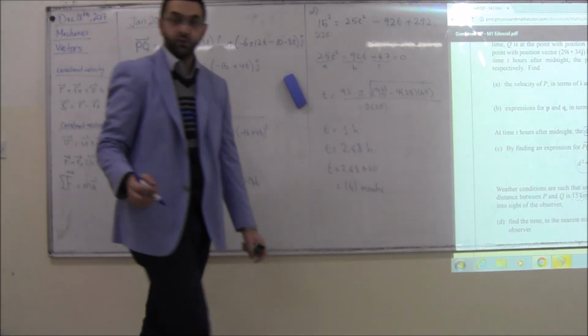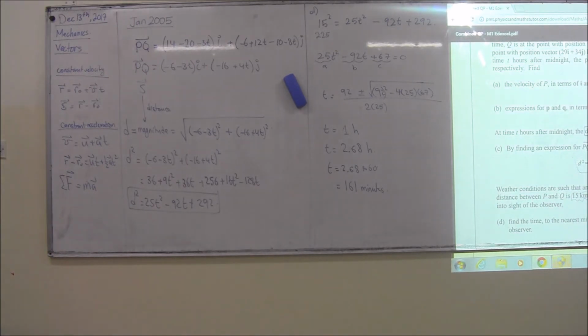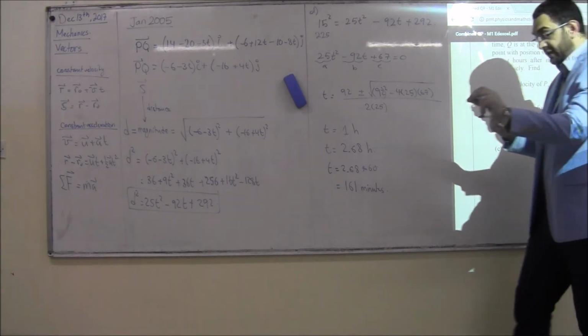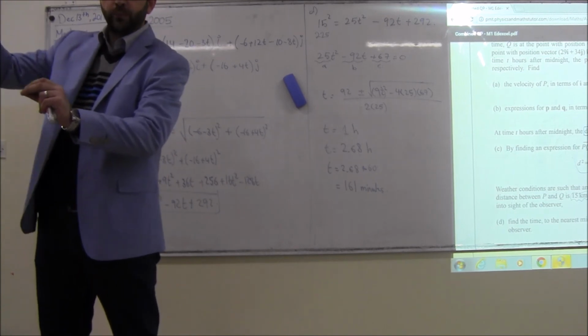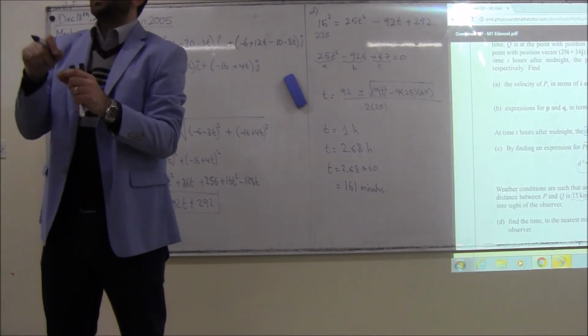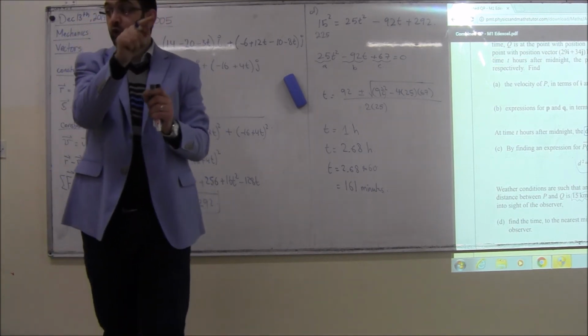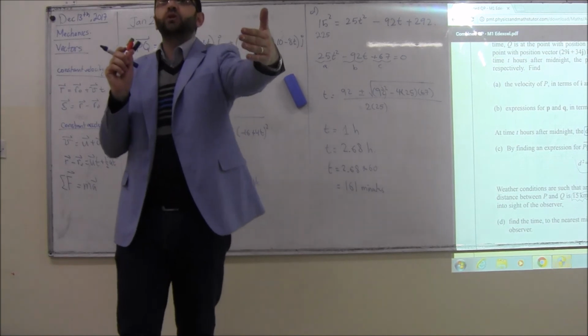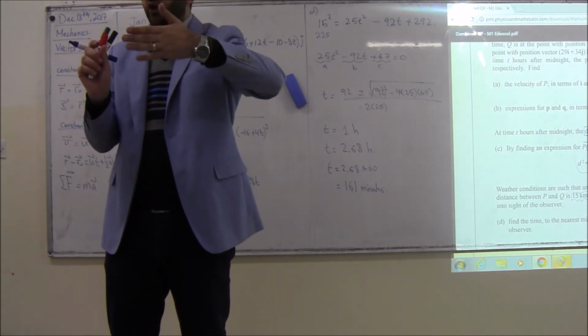Here, listen again. We have an observer on ship P. This observer can see the lights on ship Q if the distance between them is 15 kilometers or less.